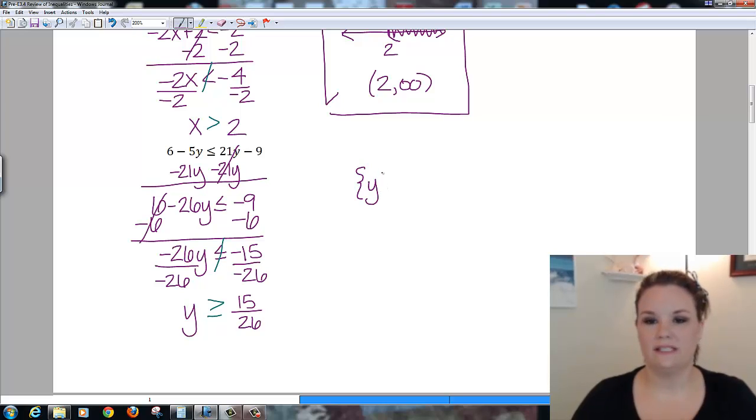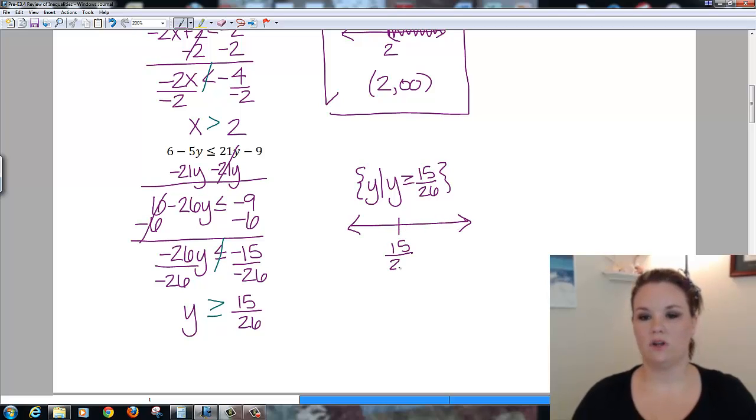Okay? So my set notation here would be the set of all y, because we're using the y variable, such that y is greater than or equal to 15 over 26. Okay? And then I want to go ahead and graph it. So I go to wherever 15 over 26 is, which I'm just going to stick right there. And if I'm doing greater than or equal to, I'm shading to the right because it's things bigger than 15 over 26.